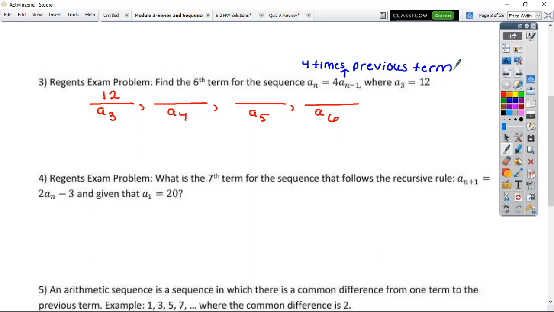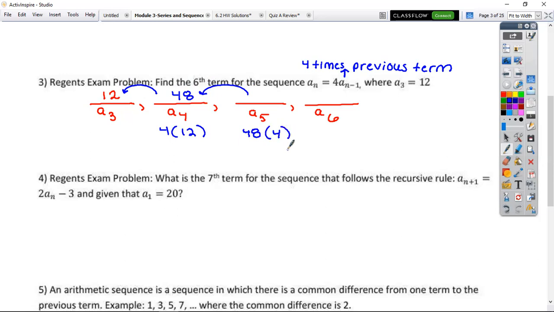And that's it. So I look at my 4th term, I'm going to look at the one that came before it. And I'm going to just multiply it by 4. Equal to 48. Do it again. Look at the term that came before it. And multiply by 4. Okay, you're going to need a calculator.